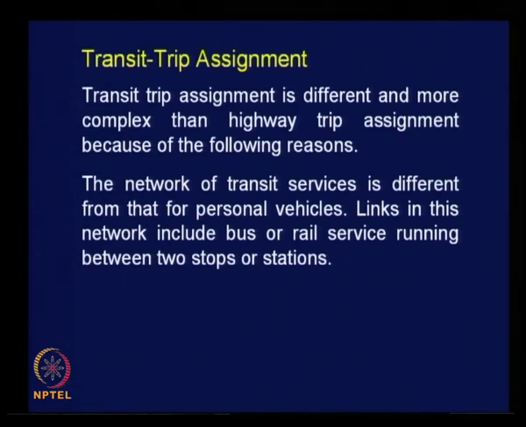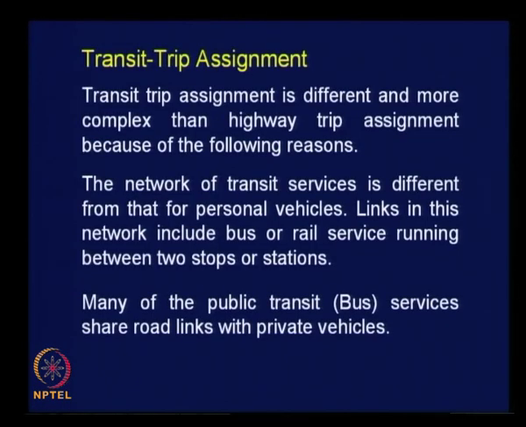The definition of links or nodes as for highways is not relevant for transit trips. Say for example the transit service that you consider is a bus service. Each bus stop is a node, not the intersections. Okay? Each bus stop will be considered as a node in your transit network. Similarly, each railway station will be a node in your rail transit network. That is a major difference.